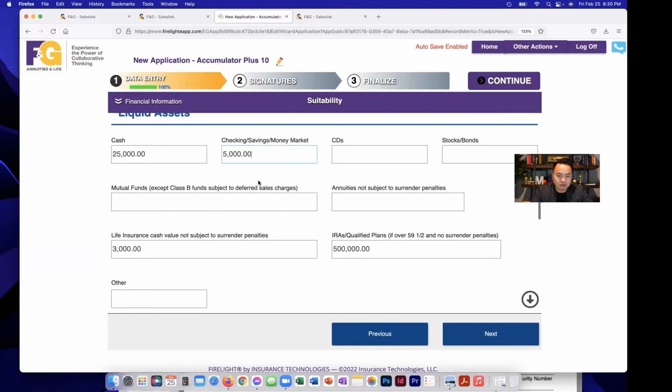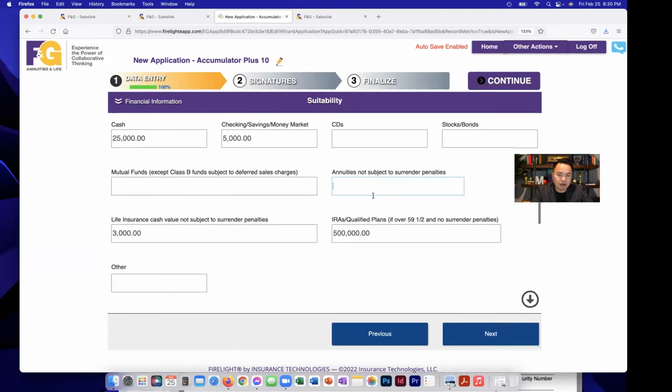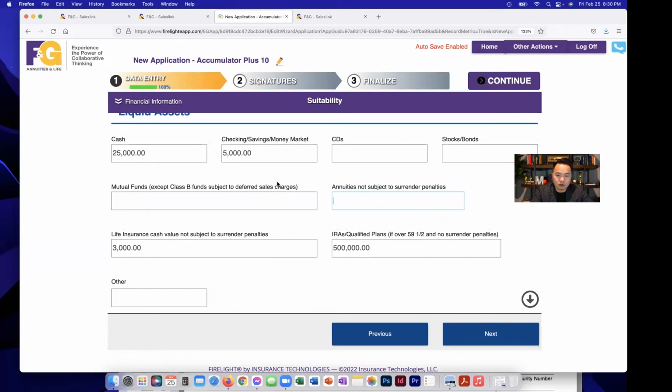That's good. If they have any mutual funds, put it in there. If they have any annuities that is surrender, put it in there. Make sure that they tell you everything you need them to tell you. Ask them all the information.